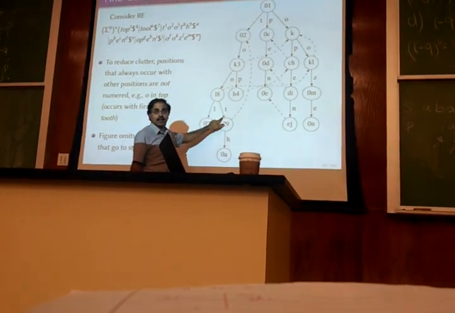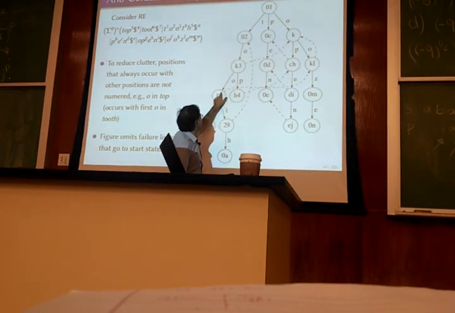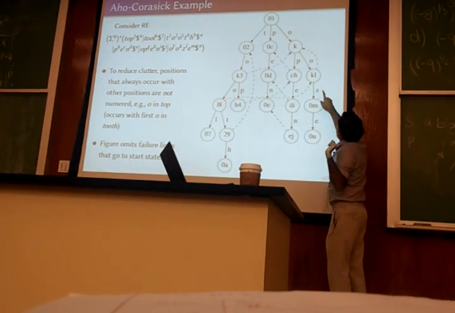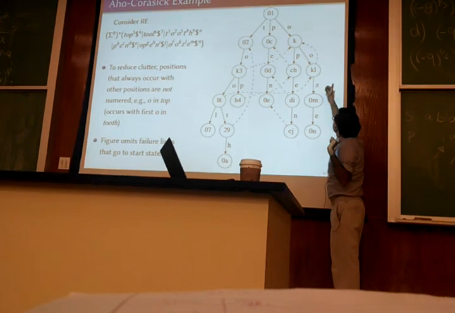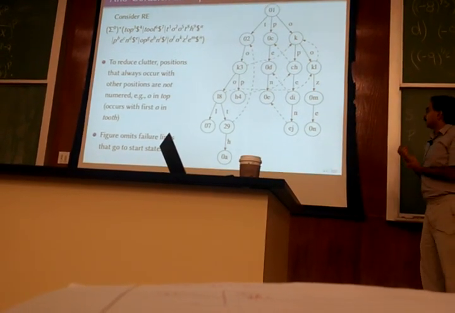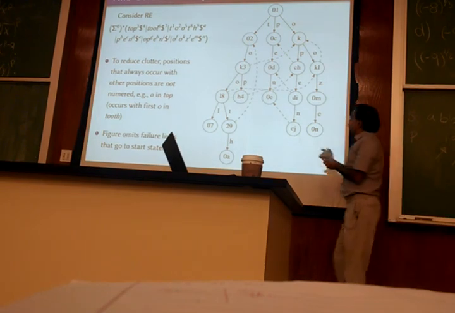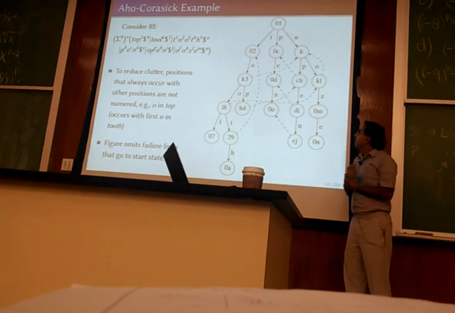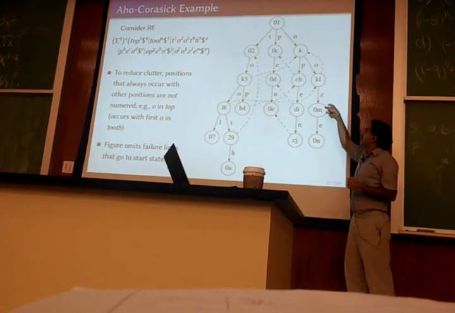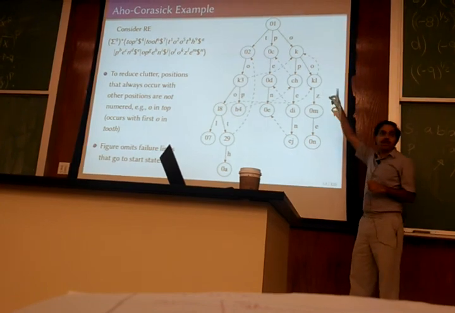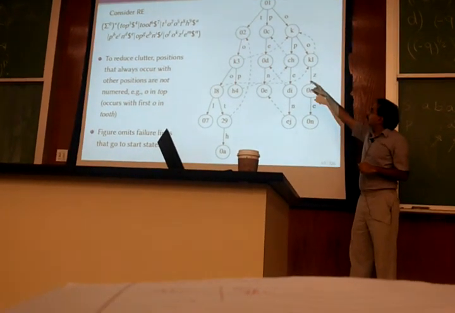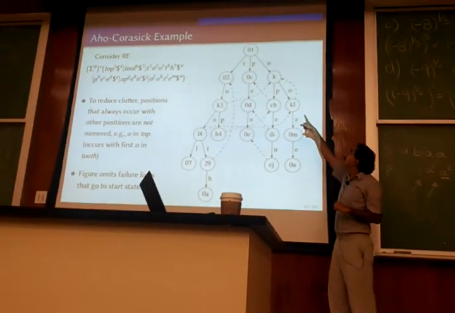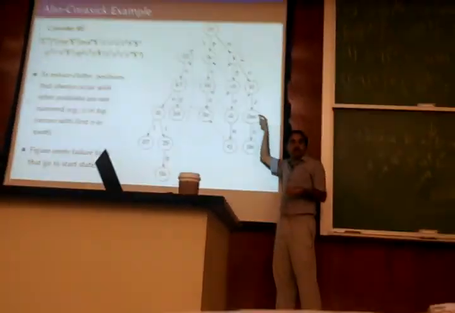This L cannot advance here, so you follow the failure link, and you reach that state, and you can see that that state can advance to C. So at runtime, if you don't have a match for T, then you go back and look for a match for Z. What it means is that you're sliding over T and saying, I no longer have a match that starts with the T, but I have a match that potentially starts with O, and that's the one I'm going to be looking for if I'm here.